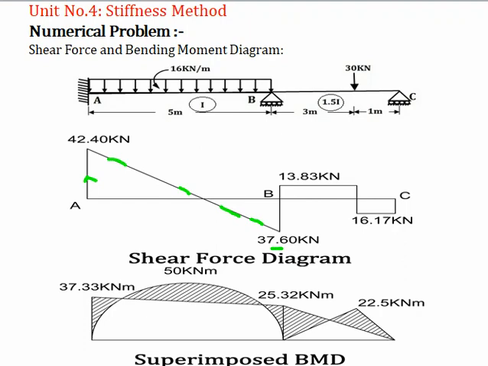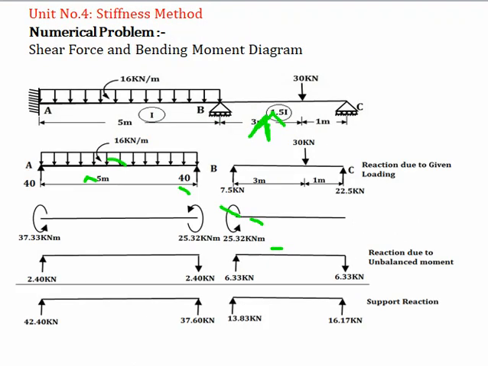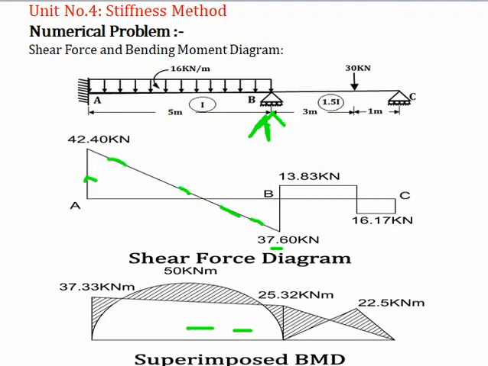So minus 37.60 kilonewton plus the reaction here which we calculated, or you may write it down directly. We know the shear force is 37.60 kilonewton and the shear force at the other end is 13.83. So write down this value directly, 37.60 and 13.83 kilonewton.